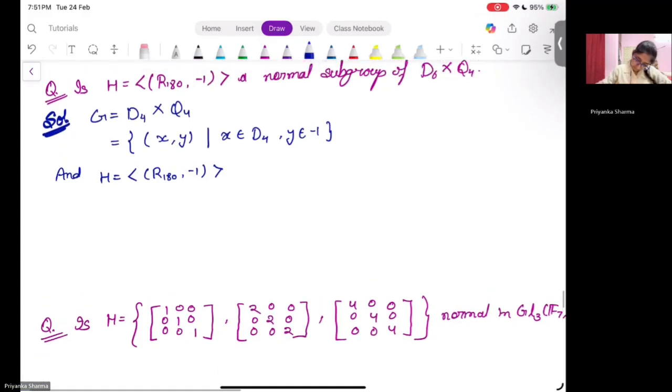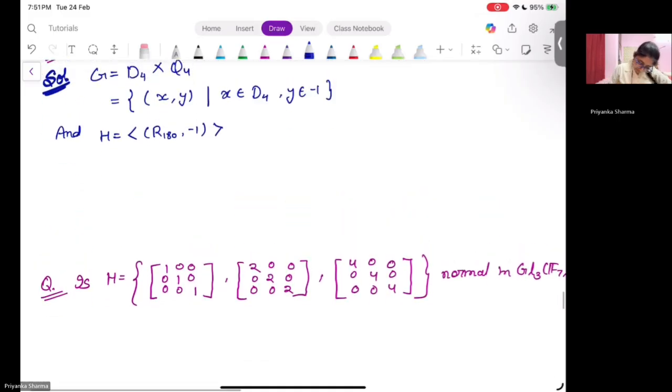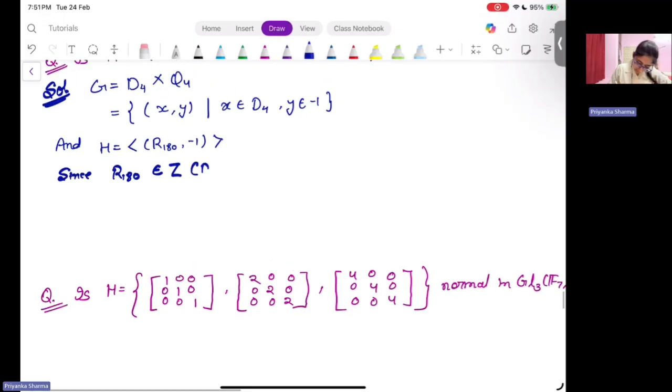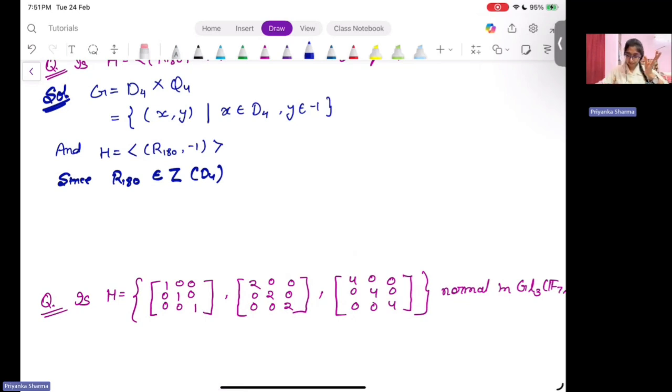Here as well, R180 belongs to the center of D4. Why? Because the full rotation of a regular polygon, a square here, is 360, and half of that is 180. So whenever we rotate by this, it will be a central element.